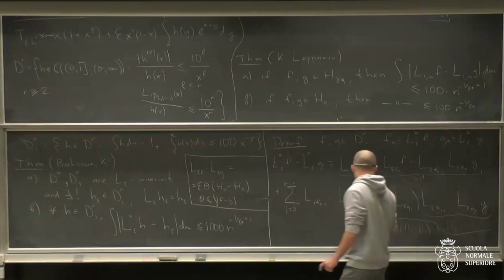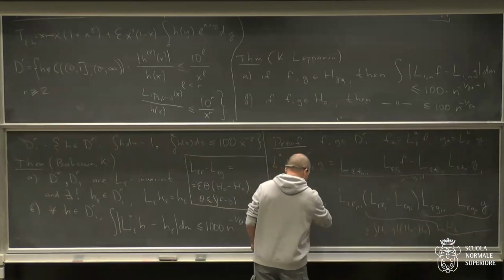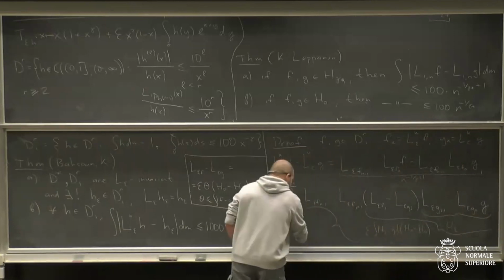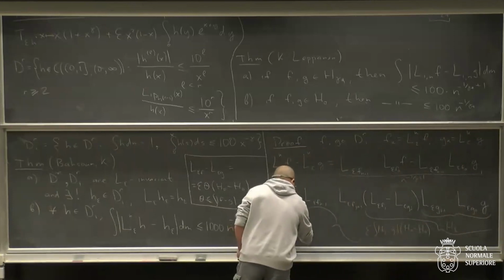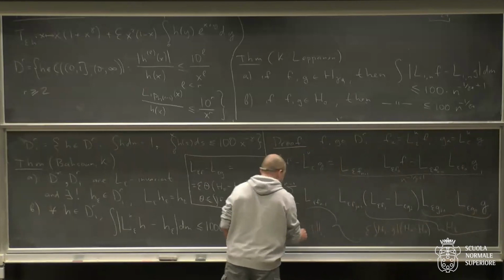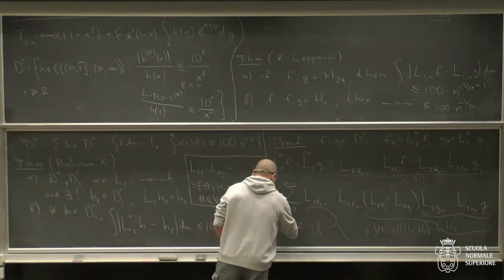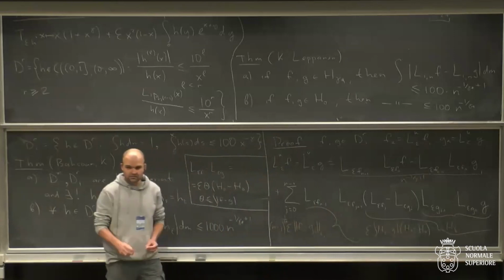So the whole term is something like epsilon times the L1 norm of Fj minus Gj times n minus j to the minus 1 over gamma star, like this.